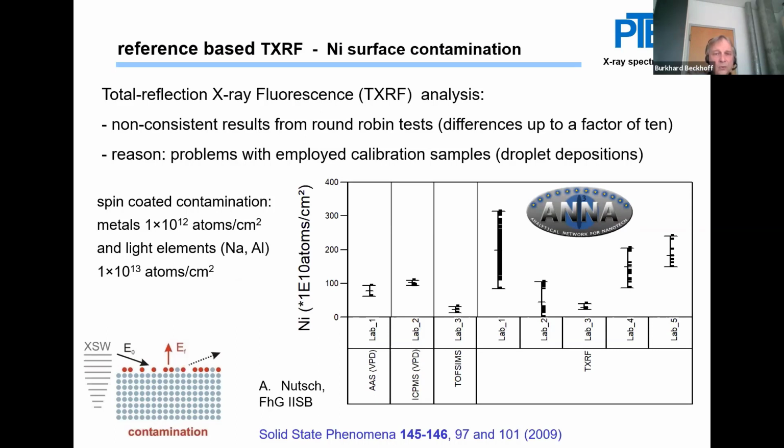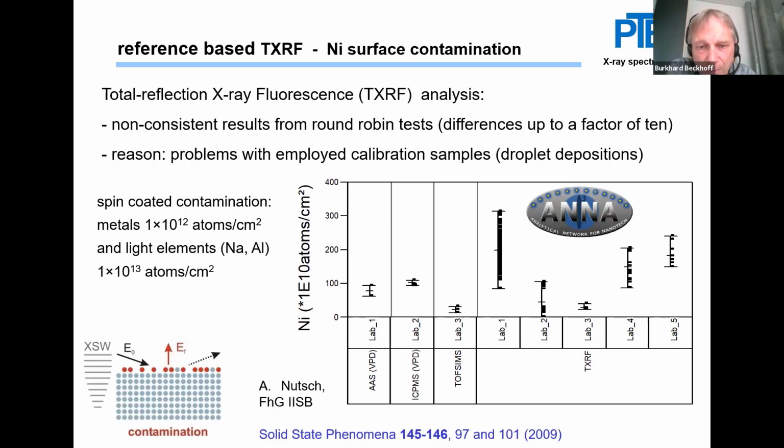As I was to report a little bit on standardization aspects, I'd like to refer here to this already 12 years old round-robin activity within the ANA project. This was referring to the wafer that I've already shown you. It's 10 to the 12 atoms of transition metals and 10 to the 13 atoms per square centimeter of light elements.